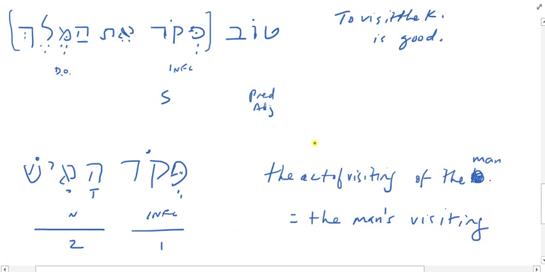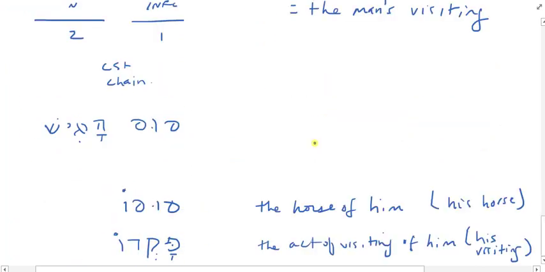Now, to go back down here, all I'm doing is showing you the nominal uses of the infinitive construct. That is to say, I'm showing you how the infinitive construct can fill any function slot that a noun can.